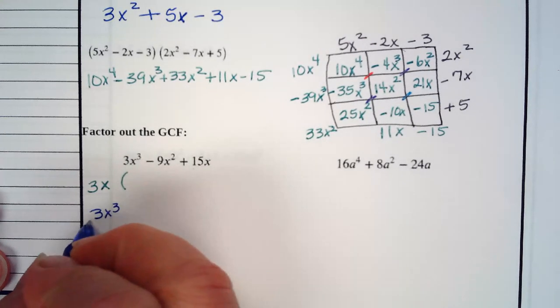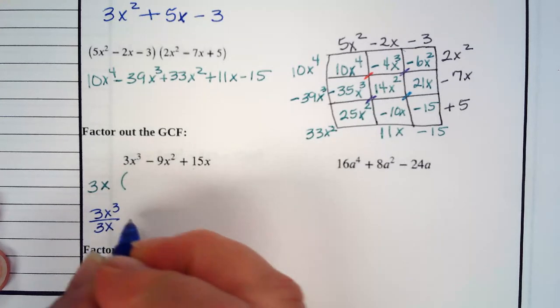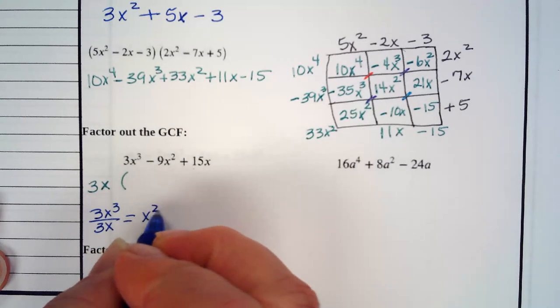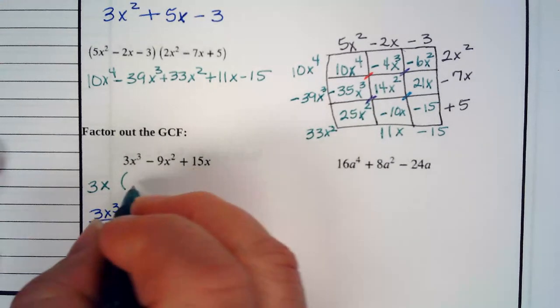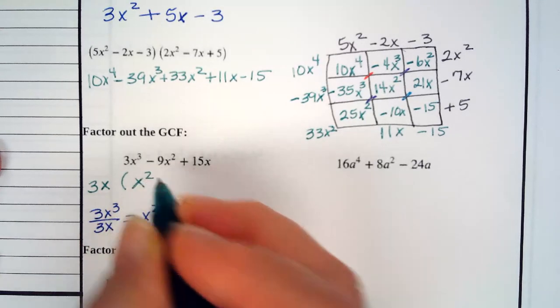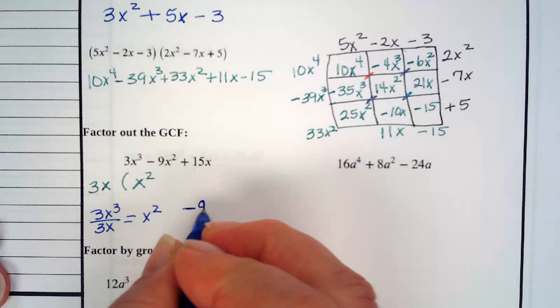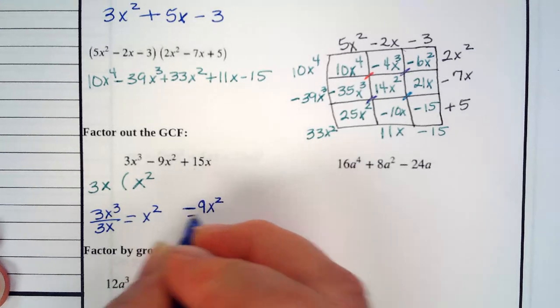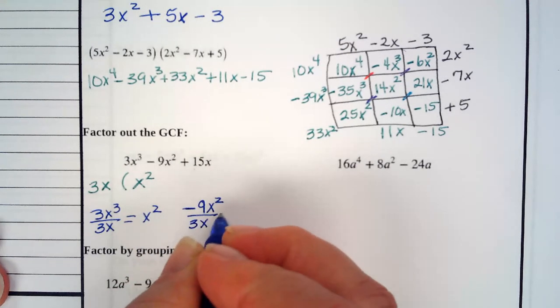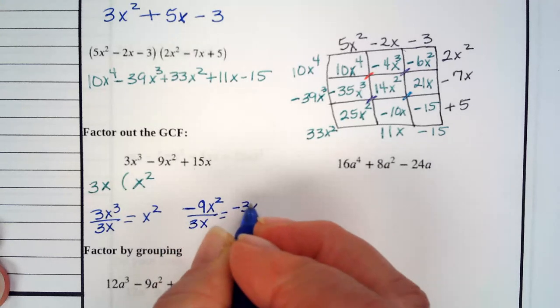3x to the third divided by 3x will give me x squared. Negative 9x squared divided by 3x will give me negative 3x.